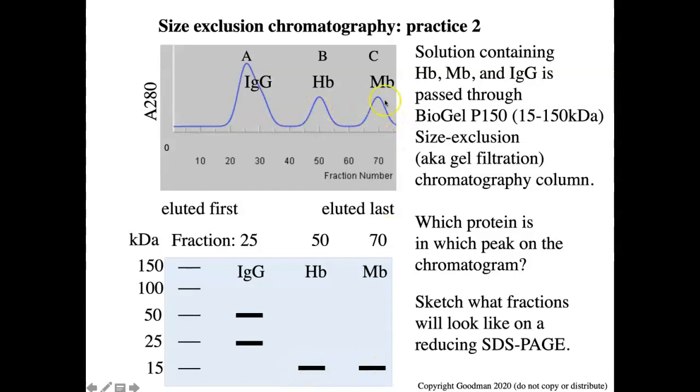But then why did they separate in size exclusion, right? And why did myoglobin come out last? It's because hemoglobin is a tetramer, right? So in size exclusion chromatography, it's actually running as a 60 kilodalton protein, whereas myoglobin is just 1 subunit. While on SDS-PAGE, we are going to separate all the chains.